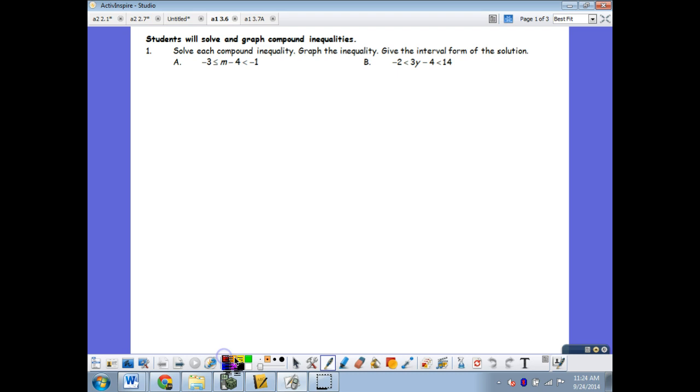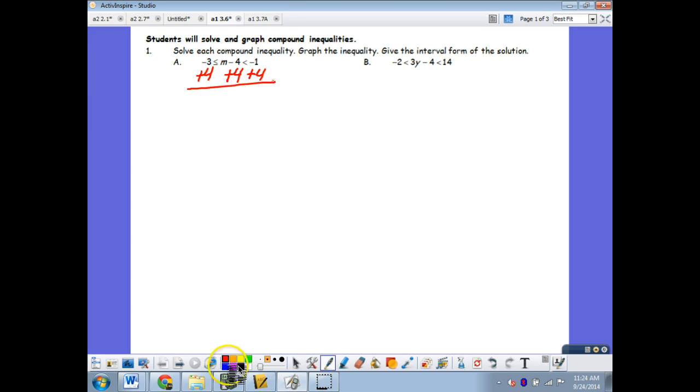So to solve these, the first couple are between inequalities. And our goal in these is to get the variable by itself in the middle. So in order to get the variable by itself here in the middle, we are going to have to add 4. But now instead of just adding the 4 in 2 places, we have to add it in 3 places.